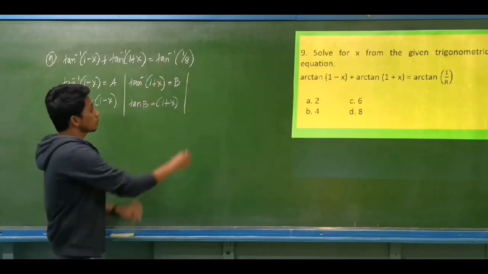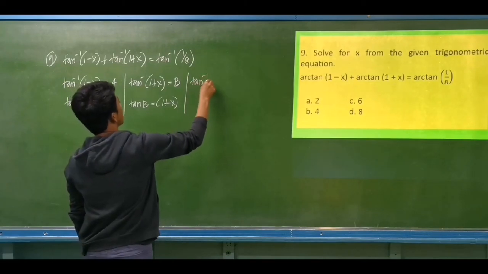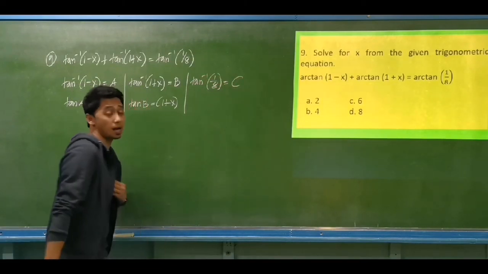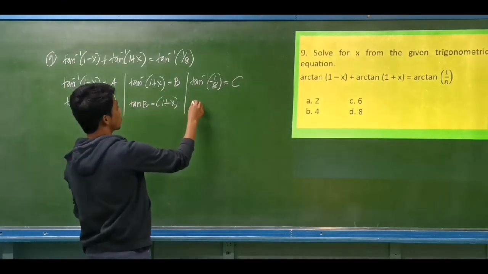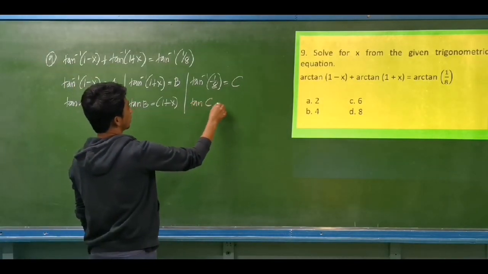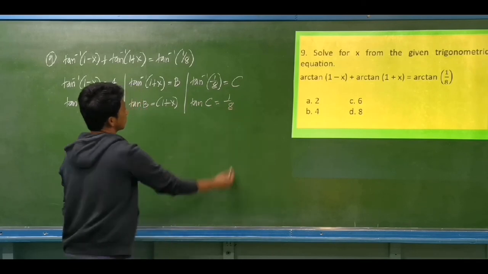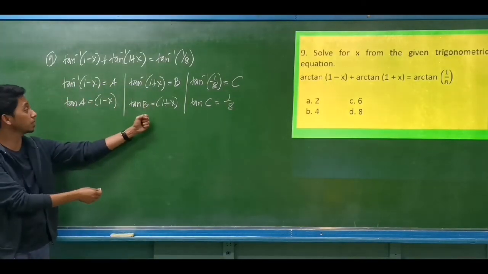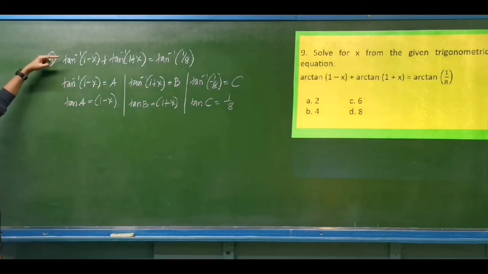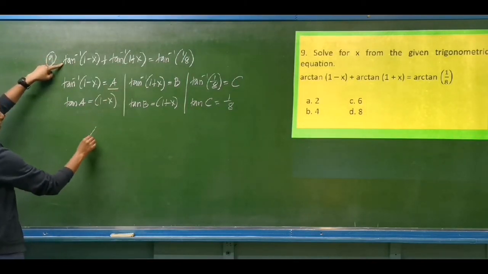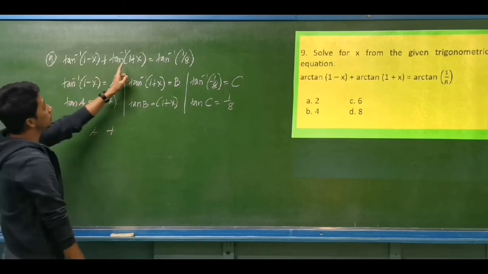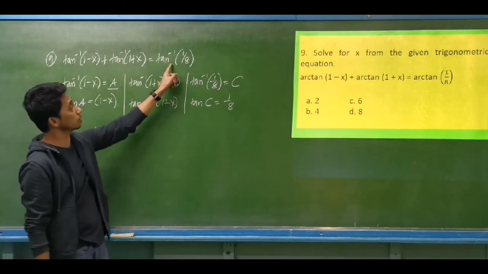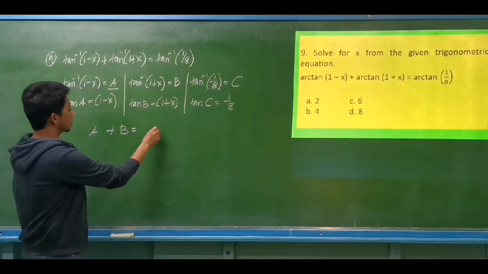Then we have shift tangent of 1/8 equal to another angle, let's say angle C. This is the same as the tangent of angle C is equal to 1/8. So from the inverse, I returned it to its normal form. I labeled the first as A, the second as B, and the third as angle C.